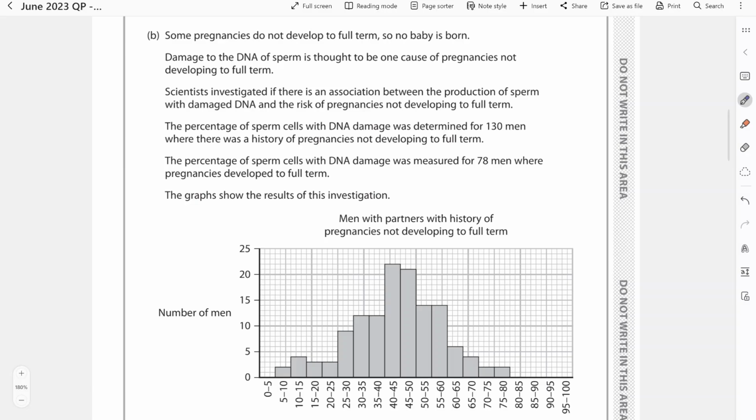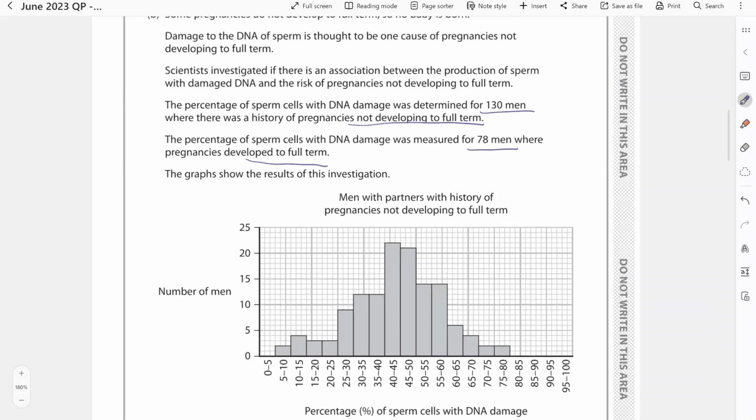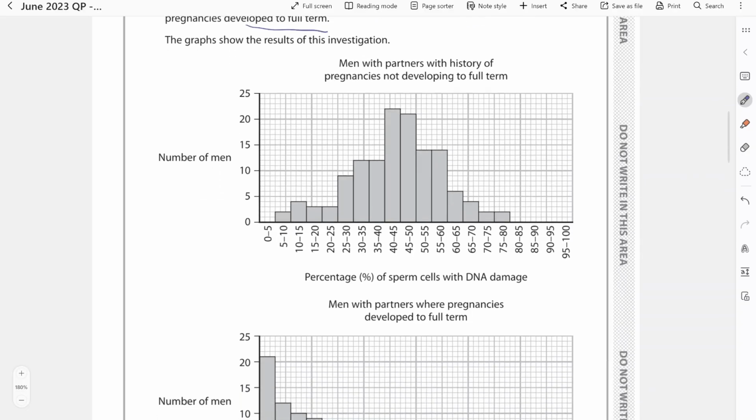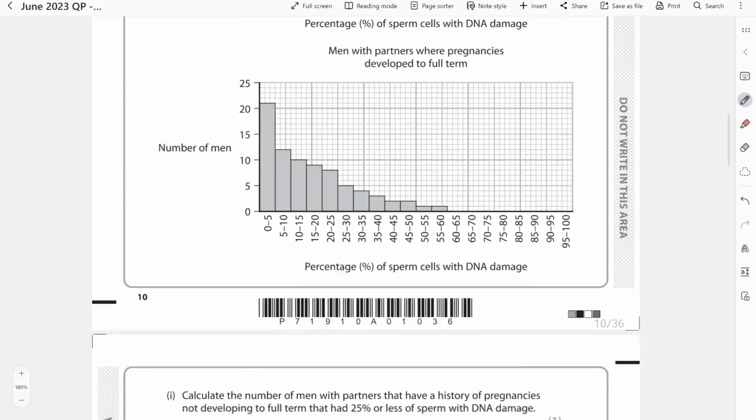The percentage of sperm cells with DNA damage was determined for 130 men, where there was a history of pregnancies not developing to full term. The percentage of sperm cells with DNA damage was measured for 78 men, where pregnancies did develop to full term. Let me just highlight that. So this is full term, this is not to full term. All right, so these are the results.